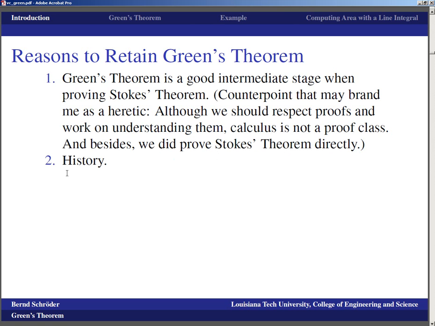History is another reason, and that is that even though I'm not a historian, supposedly what we call Stokes' theorem was communicated to Stokes by Lord Kelvin, actually. Stokes popularized the result, and by one account that I read, it is actually Green who wrote down the first correct proof of the result. So in some ways, Stokes was only, quote unquote, a broker.